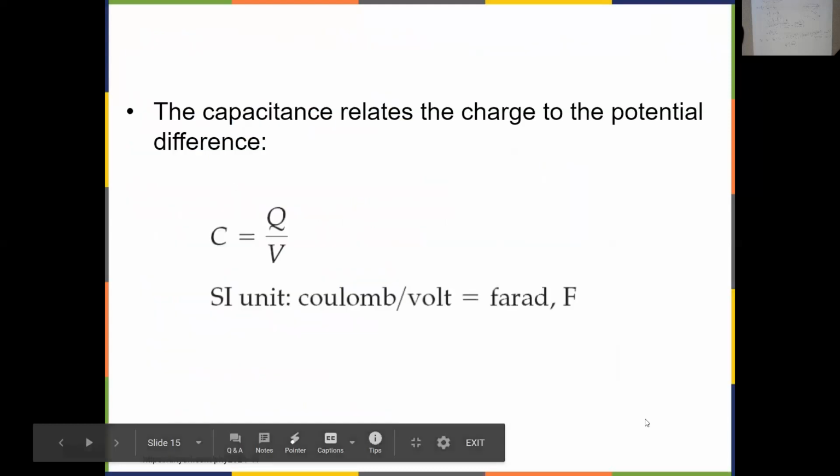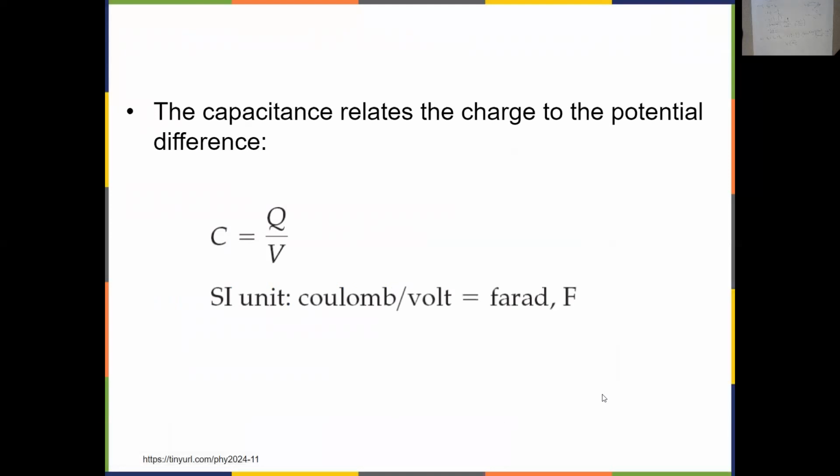For a capacitor, the quantity used to describe it is called capacitance, which relates the charge to the potential difference. You can charge the capacitor, so there will be charge stored at the two plates.